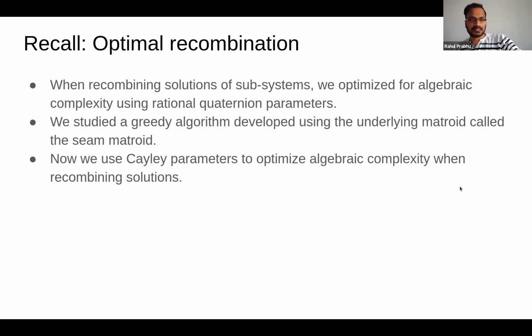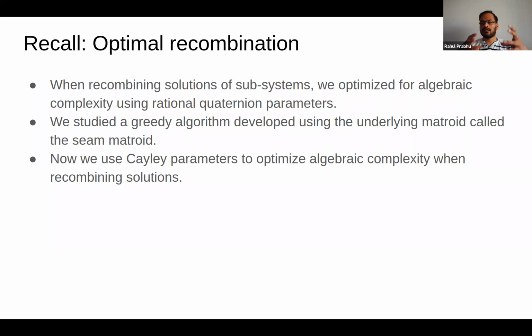Next, we'll talk about this idea of optimal recombination. We talked a little bit about this 2 weeks ago or so, where you start with a given DR plan, and you have the solutions to each of the subsystems, and you're trying to recombine the subsystems to get the original system.